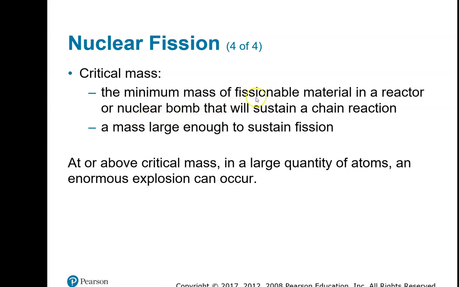The fissionable material is always separated by these control rods, so that the chain reaction doesn't get out of hand. It'll never blow up, not like an atomic explosion. But you can have situations like what happened in Japan.